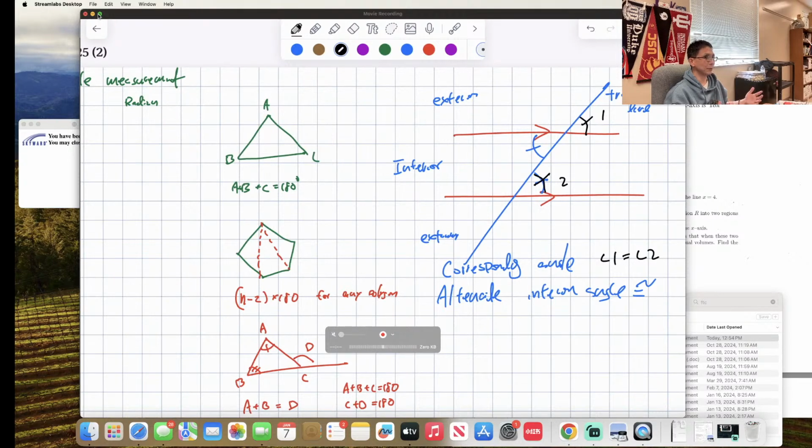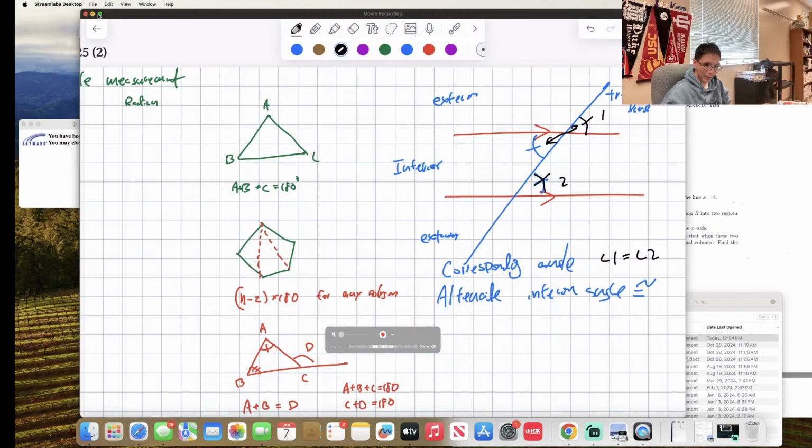Postulate, there's no proof of that. You cannot prove angle 1 is angle 2, but it just always is. If you have a notebook paper, if you draw a straight line, if you measure all these angles, they're going to be congruent. Okay, so that's called corresponding. But because these two angles cross each other, it's called vertical angles. Vertical angles are congruent, so therefore alternate interior angles are congruent.